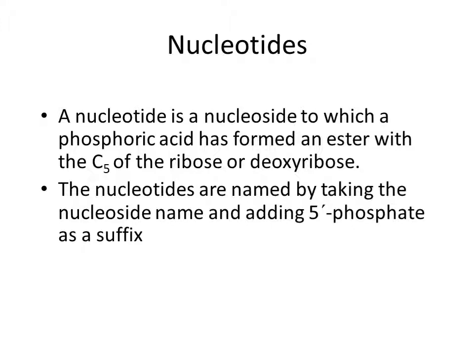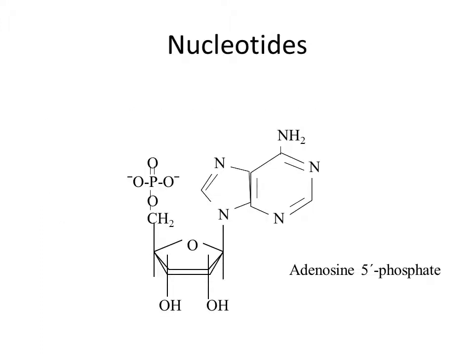The way that we name nucleotides is we add a phosphate after the nucleoside name. So this is adenosine phosphate, and you can see that there's the adenine ring attached to the sugar on the number 1 carbon, and then there's a phosphate ester made with the last carbon, the C5 carbon, that is sticking up off the ring.